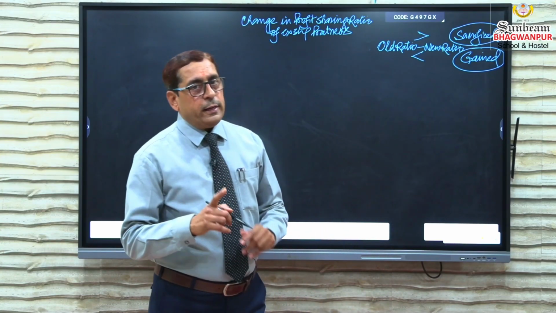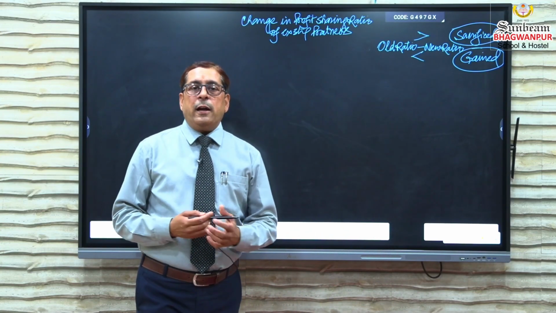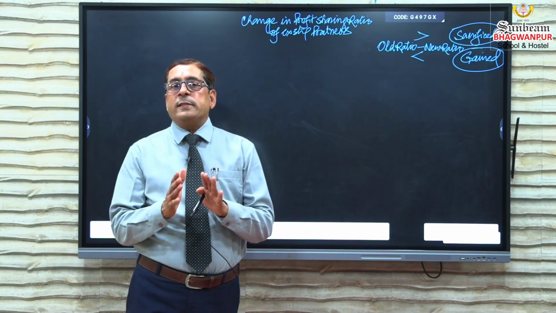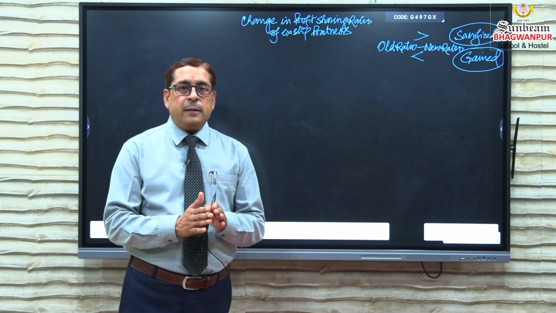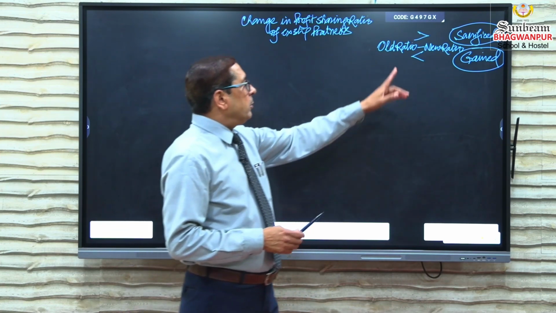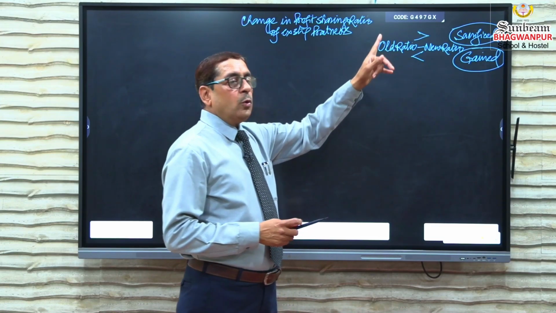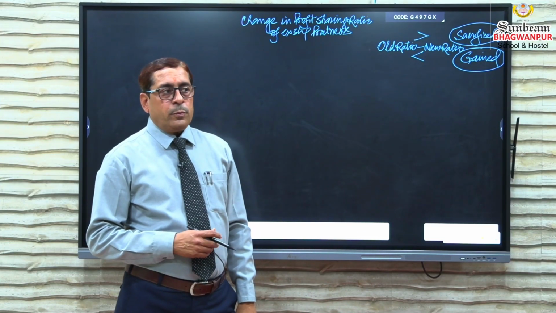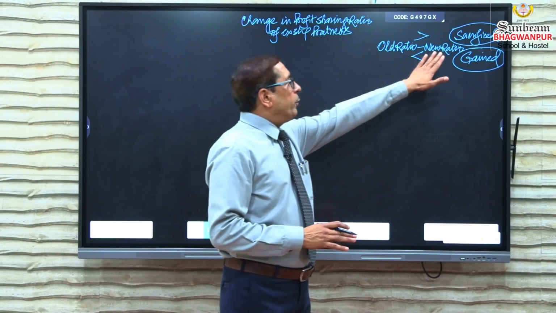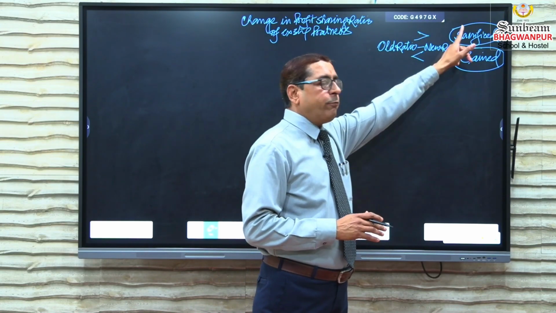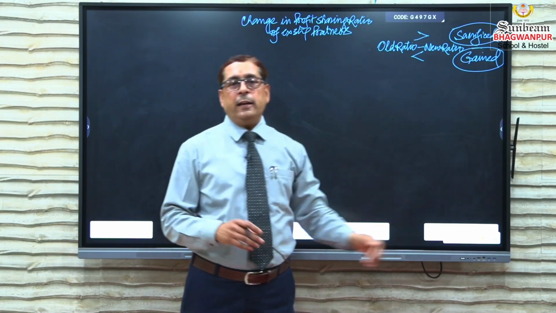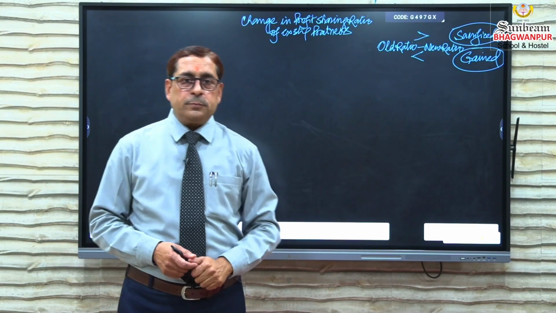But remember one thing, again I am repeating, whatever business has earned, what business has at present, that is all related to old ratio. Nothing we are going to do with this new ratio. There is no use of this new ratio except to find out the sacrifice and gain in this chapter.